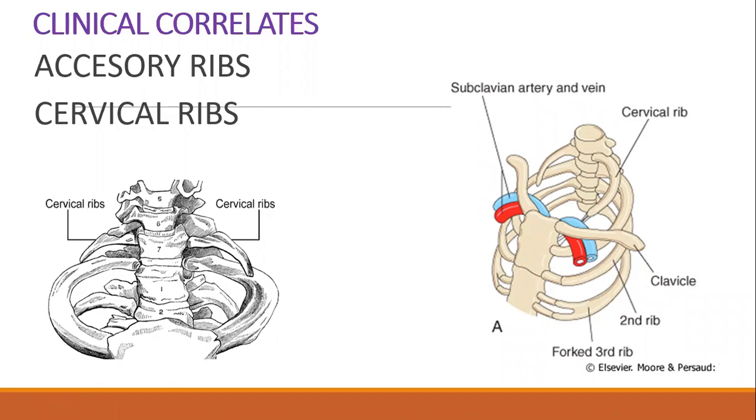There can be other deformities in the ribs as well. Ribs can be deformed in shape, forked. You see a forked rib. There can be an increase in the number of ribs. An accessory rib mostly found in your cervical region is known as a cervical rib. This rib is going to impinge on the brachial plexus as well as subclavian vessels.